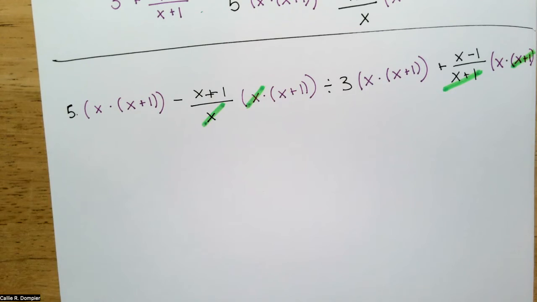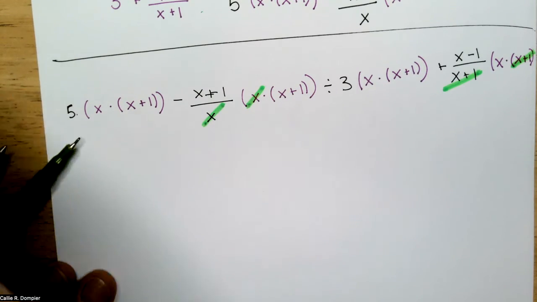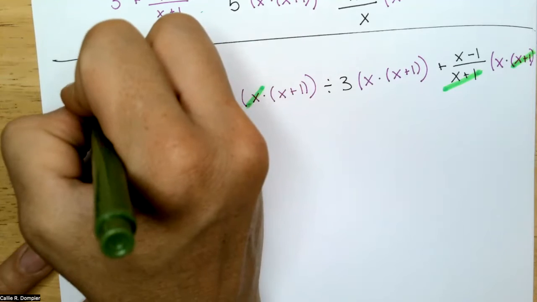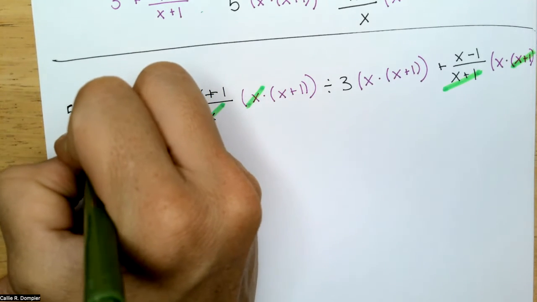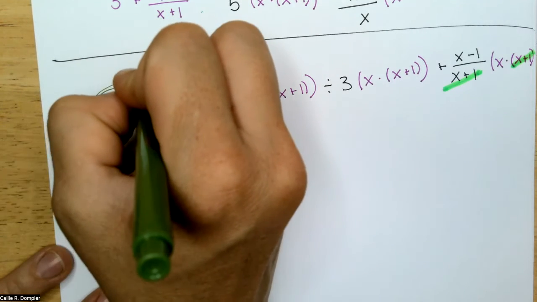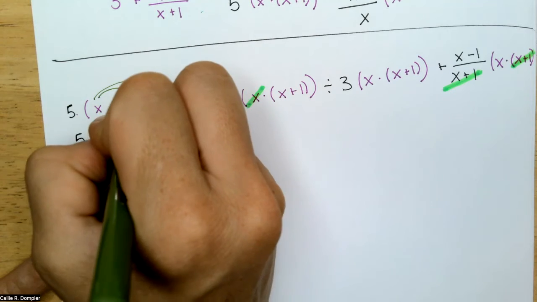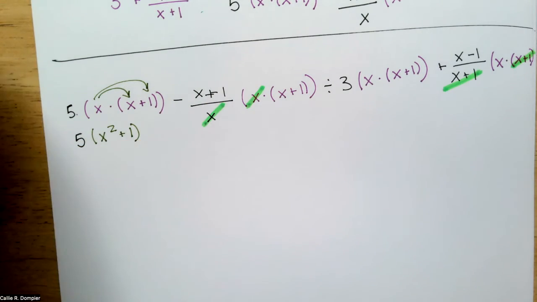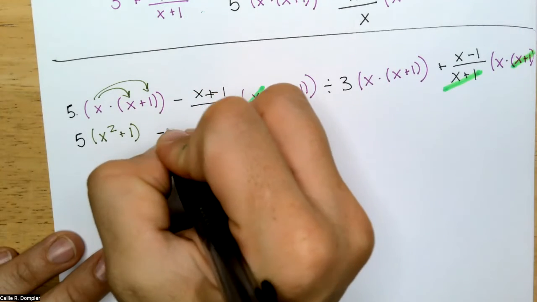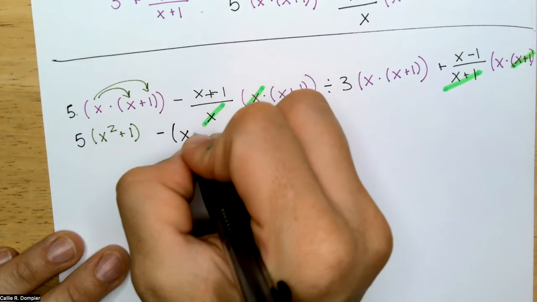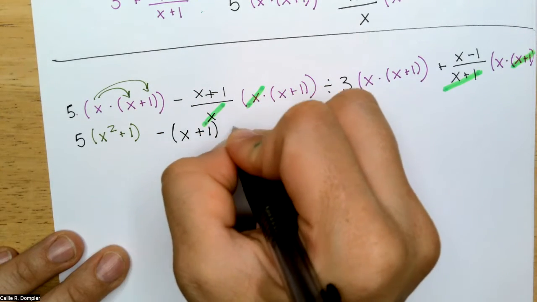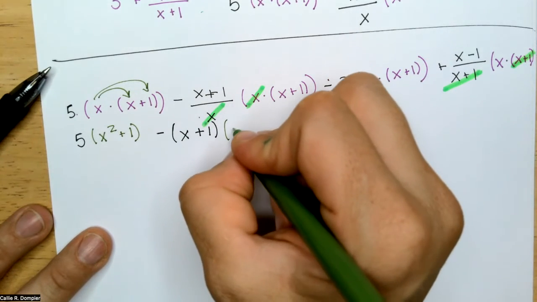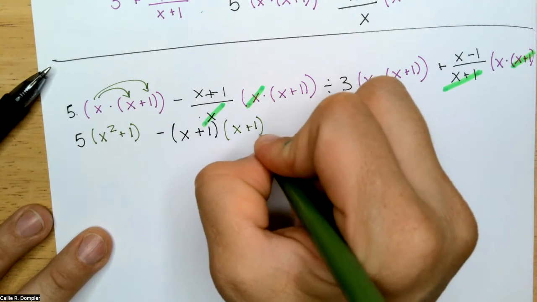So that's saying 5 times x times x is x squared, x times 1 is x, so it's 5 times x squared plus 1, minus x, that's a plus, x plus 1 times, that's eliminated and that's eliminated, so x plus 1.